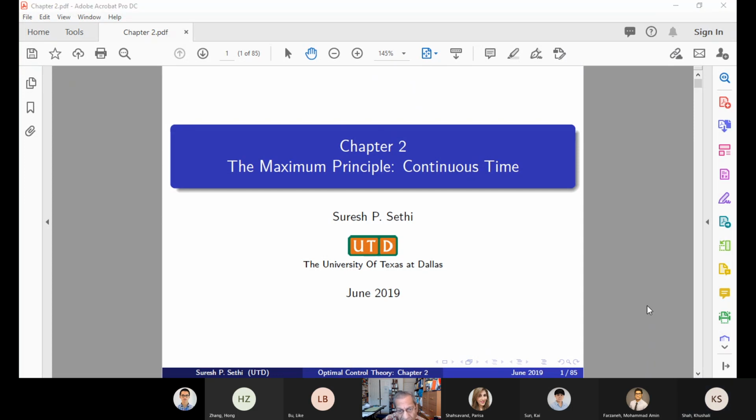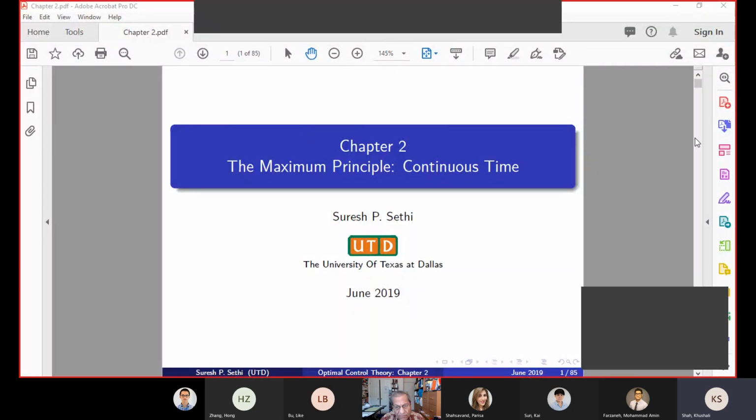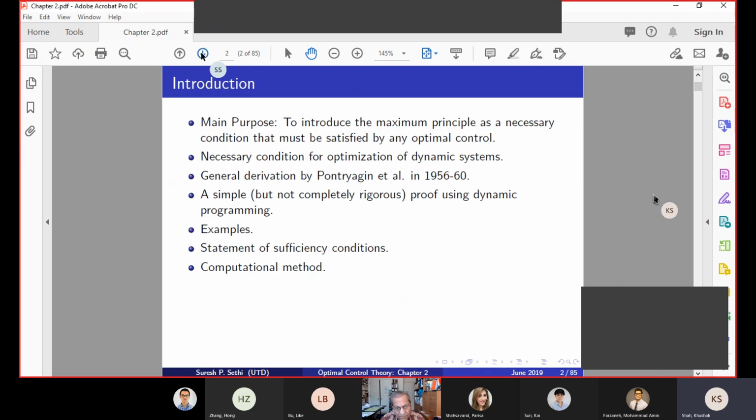Okay. I'm not able to use the arrow anymore for the second slide. For some reason, the arrow doesn't work. I had to give you control. Okay, should work now.